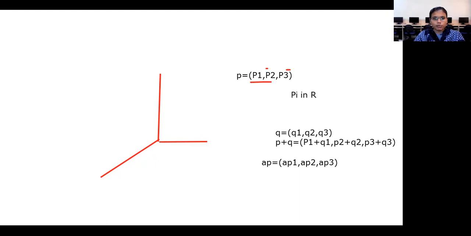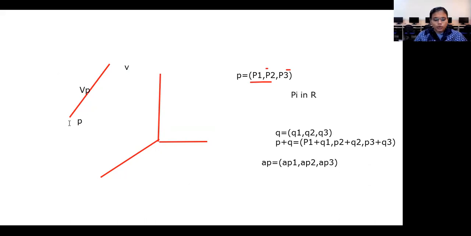Suppose here I am drawing one vector. Suppose this is any vector in an E3 space. What you need for any vector in E3 space is two things: first, a point of application, say P, and a direction vector V. So in general we can say this is a tangent vector VP.